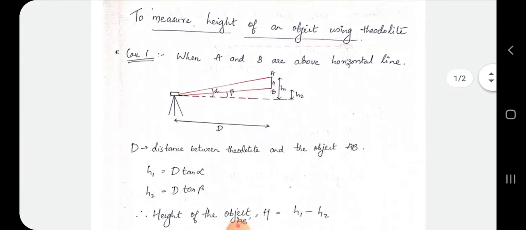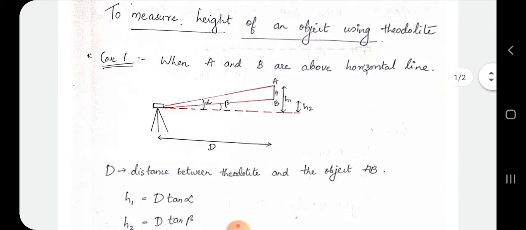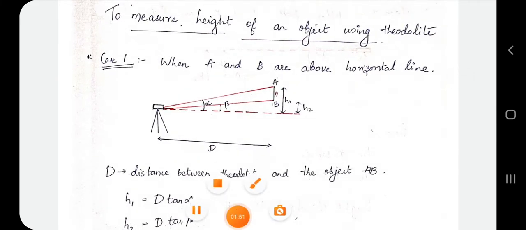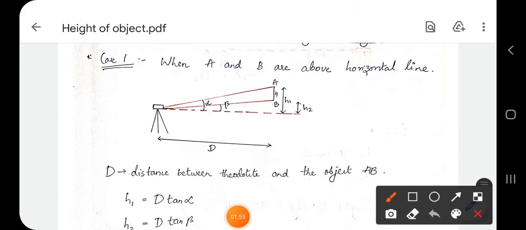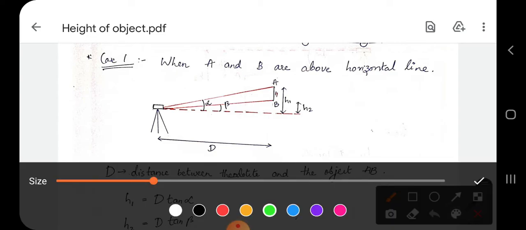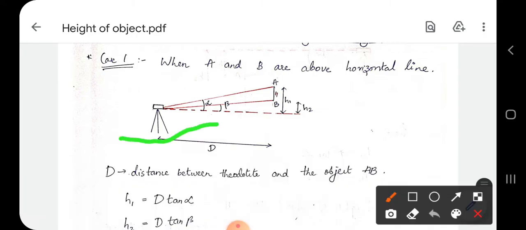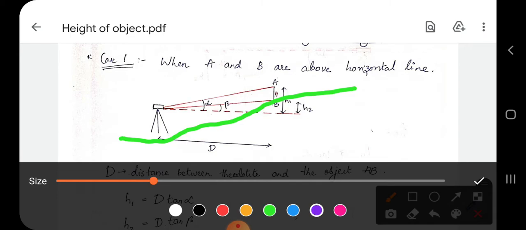So the first case, when A and B are above the horizontal line, where the top end is A and the bottom end is B of that object. In practice, this object will be like this. This is the ground and the object AB is above the ground here.